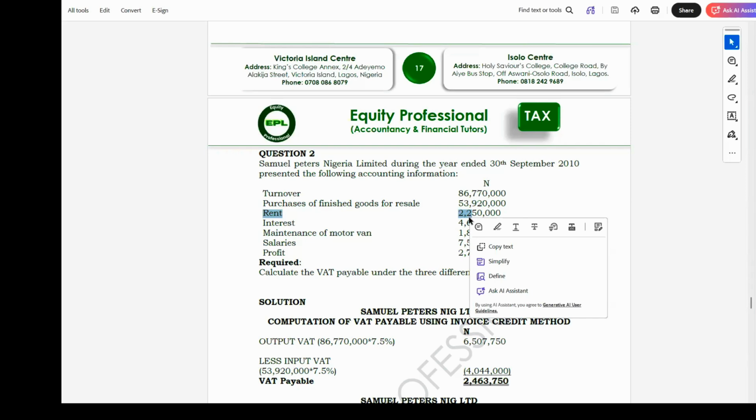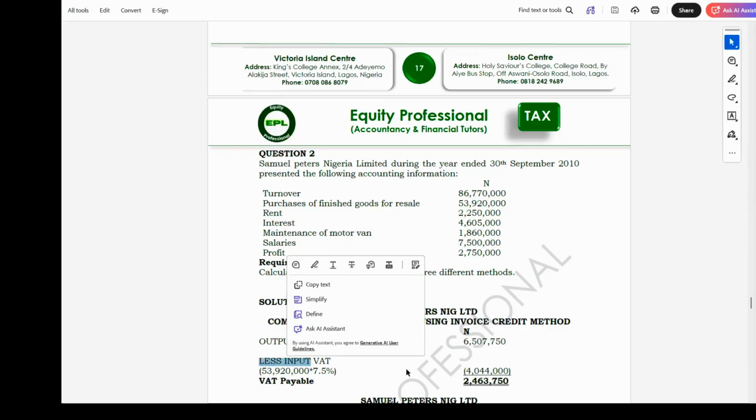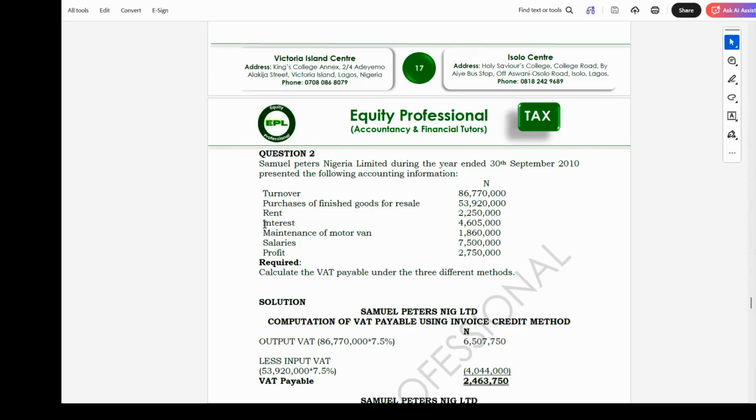And revenue can either be direct or indirect. Rent is which type of expenditure? Is it revenue expenditure or capital expenditure? Indirect. Indirect is revenue. Indirect revenue expenditure. So it's not going to form part of our input VAT. Then we also have interest. Interest is which type of expenditure?